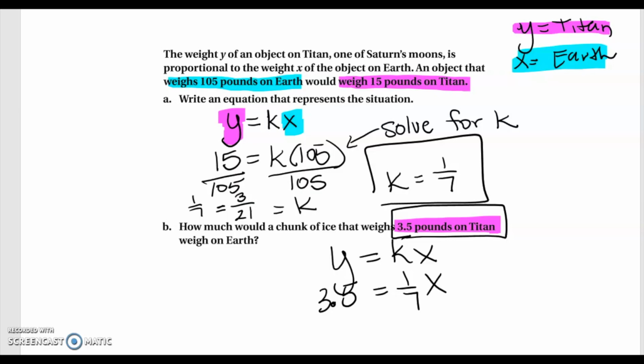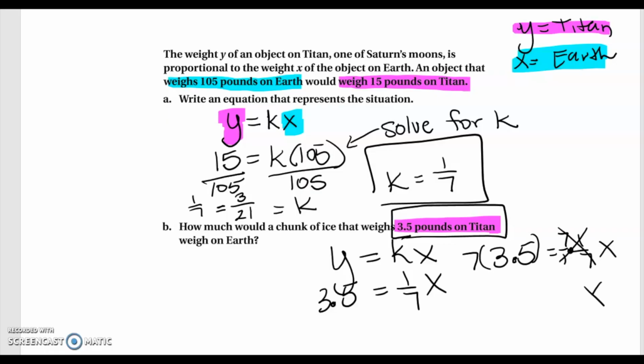So to solve this equation for x, I'm going to write it over here a little neater because I ran into my y there. So I have 3.5 equals 1/7 x. So to get rid of the 1/7, I would multiply by the reciprocal, 7 over 1.